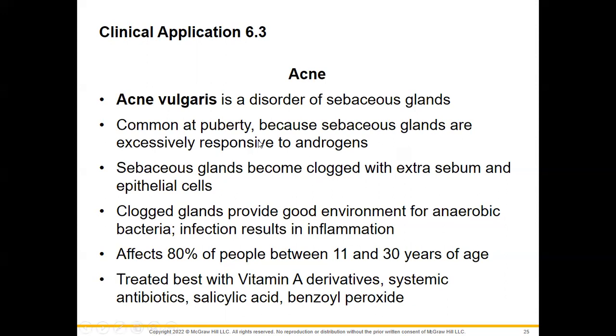If there is a problem with the production of oil or with the glands themselves, then you get acne. There are many different types of acne, but acne vulgaris is very common at puberty.